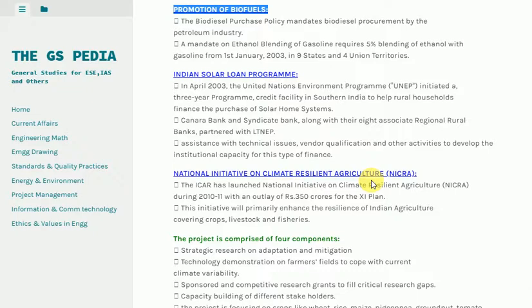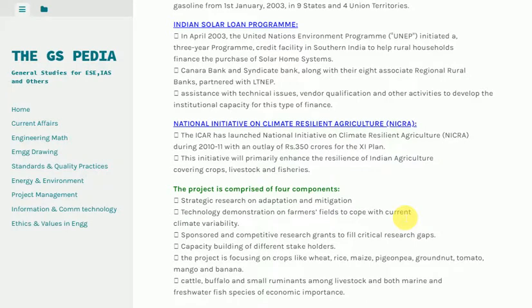The project comprises 4 components: strategic research on adaptation and mitigation, technology demonstration on farmers' fields to cope with current climate variability, sponsored and competitive research grants to fill critical research gaps, and capacity building of different stakeholders.